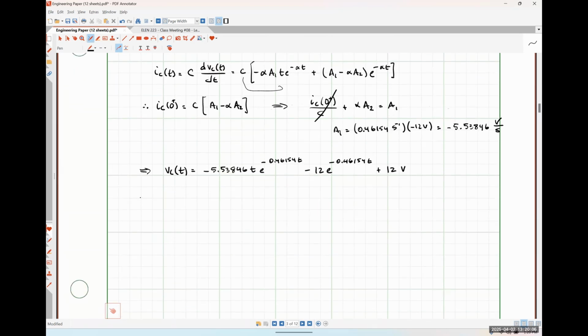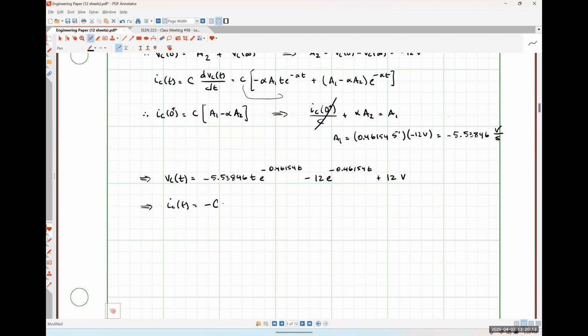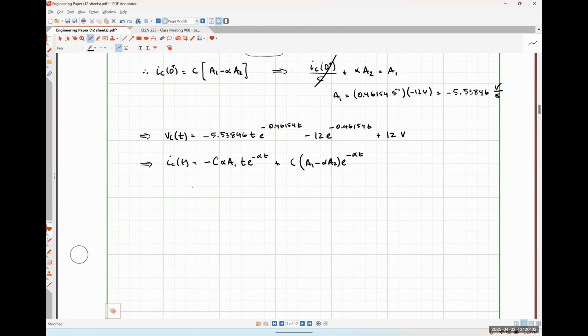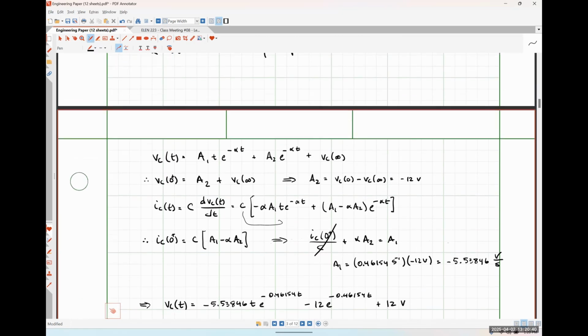So negative C alpha A1 t e to the negative alpha t plus C times A1 minus alpha A2 e to the minus alpha t, and that'll be in amps. And so I'm just going to plug in our numbers. So negative C, where C was 13 over 36. Is that right?